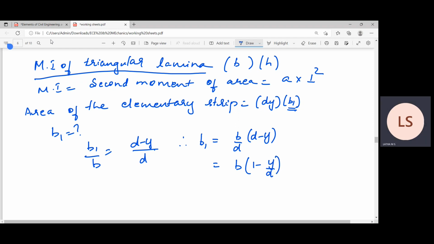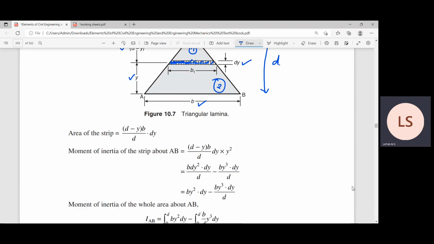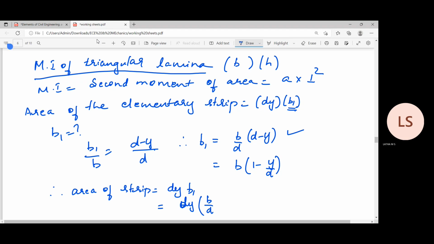So the area of the elementary strip is dy into b1, which I can write as dy into b by d into d minus y.